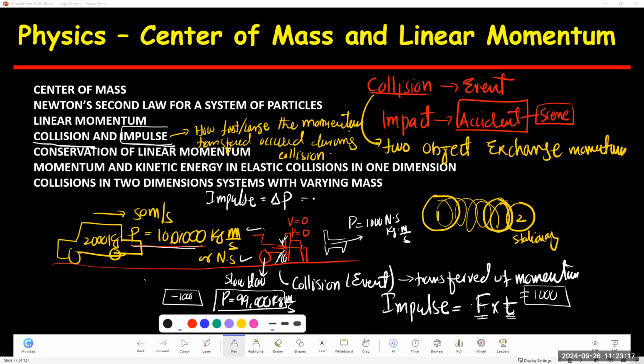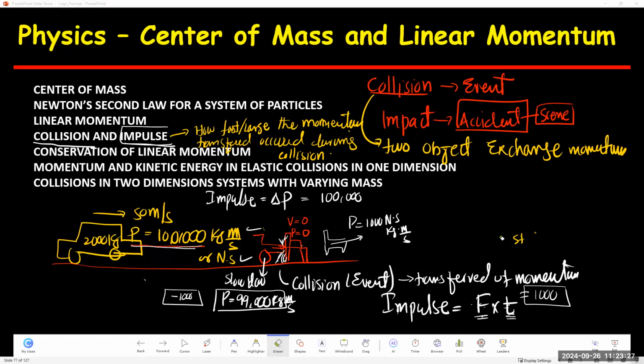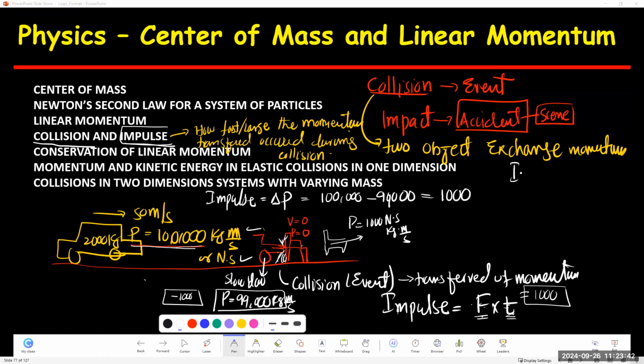It was 100,000 minus, now it's 99,000. And the delta between the two is 1,000. So I can say impulse equals 1,000. And the impulse formula is F times T, so they should be equal to 1,000.